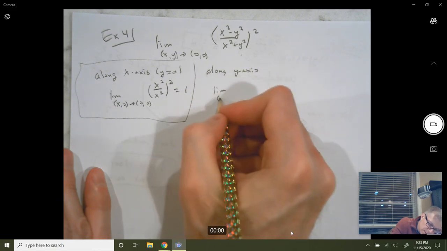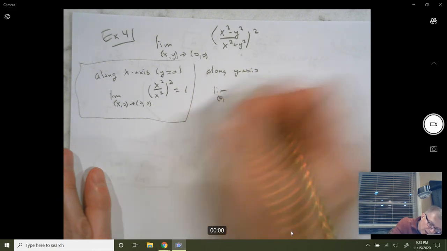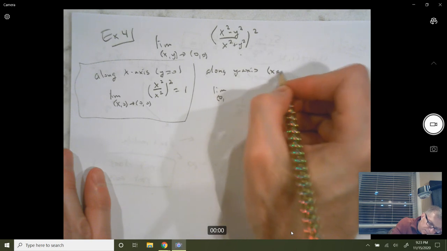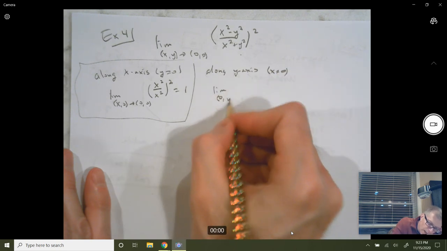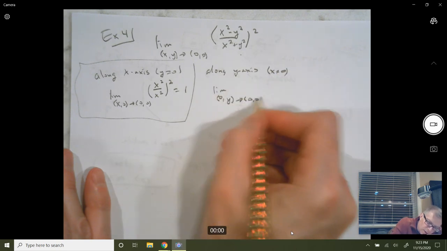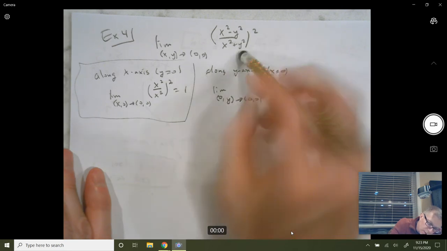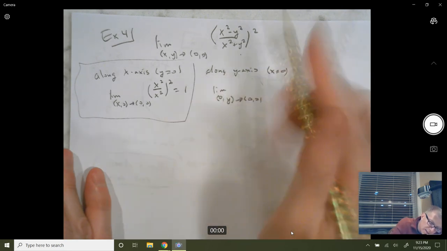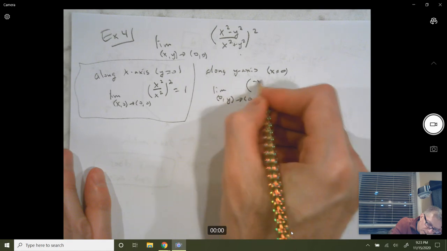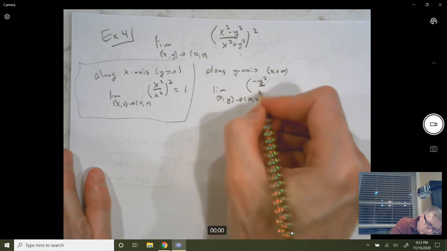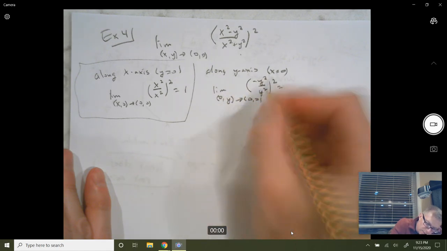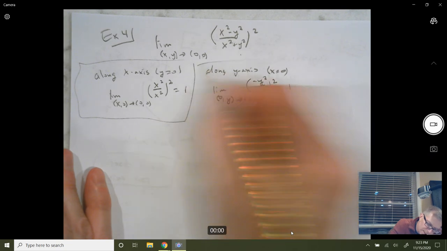On the y-axis, x is 0. So (0, y) goes to (0, 0), and we plug in 0 for x, so we get negative y squared over y squared, quantity squared, so that's going to be negative 1 squared, we get 1. Okay, so we get the same thing.